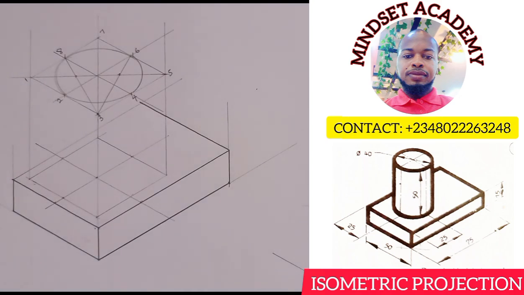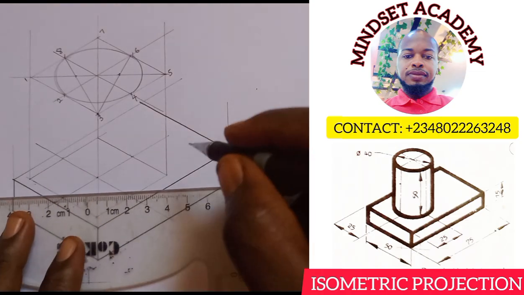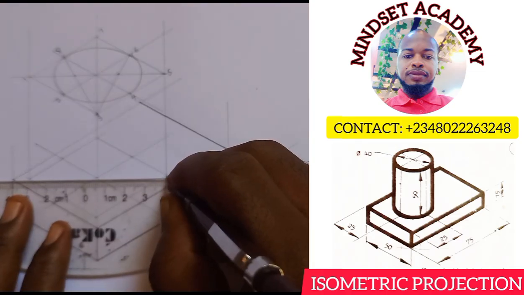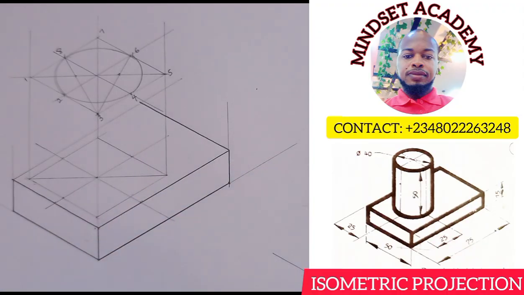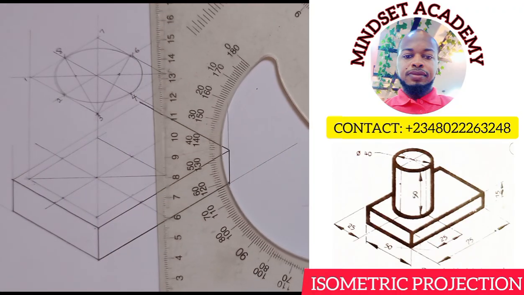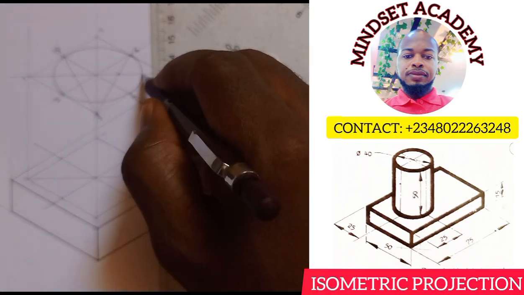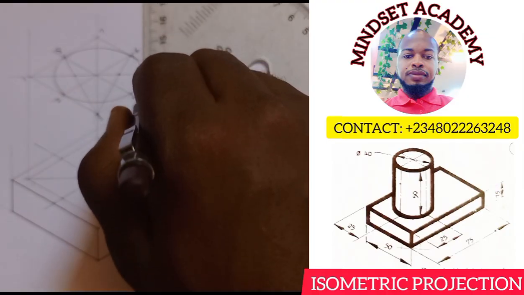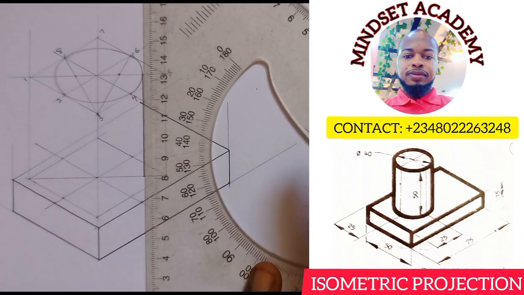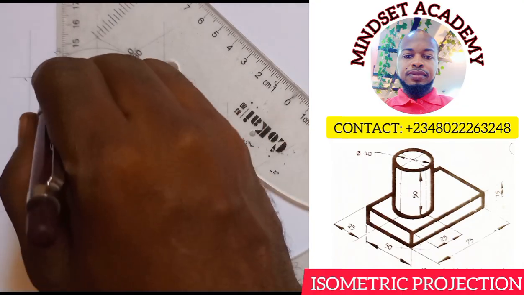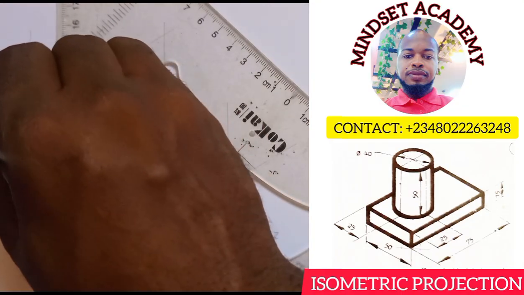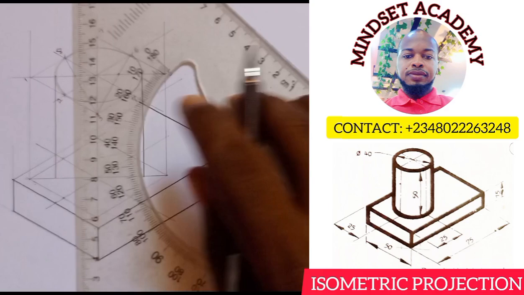Right? Now I'm going to also connect this diagonal from here to here, passing through the center. And I will just bring these two ends down. This end comes straight down to touch here, and this end comes straight down to touch the diagonal.